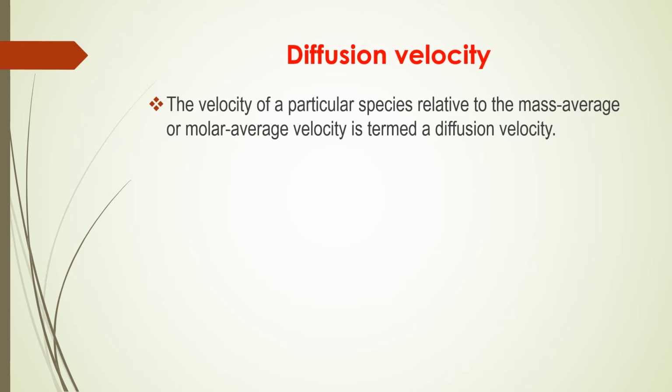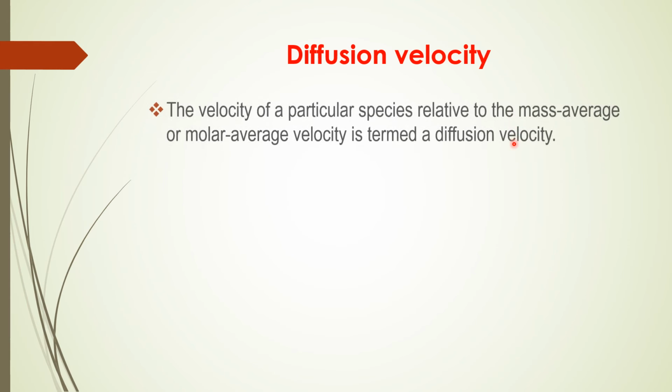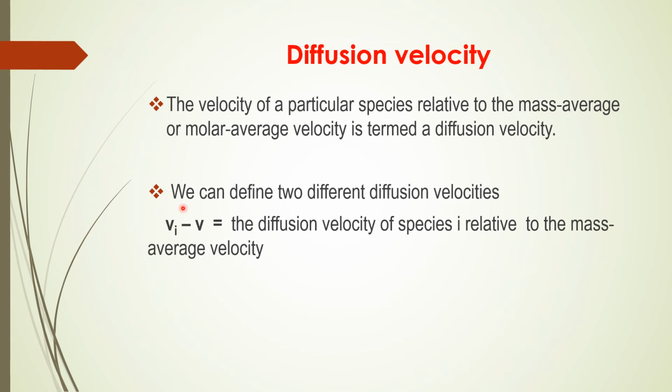Okay, so next we'll see the diffusion velocity. So the velocity of a particular species relative to the mass average or molar average velocity is termed as diffusion velocity. So there are two types. We can define two different diffusion velocities. One is based on mass average velocity and another one is based on molar average velocity.